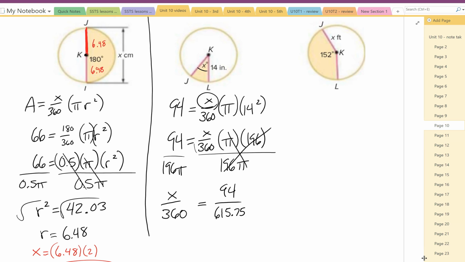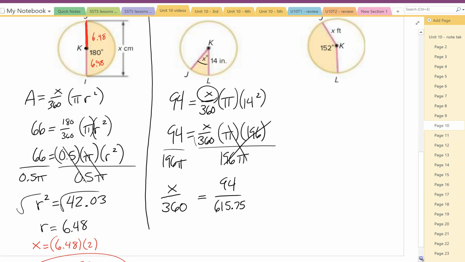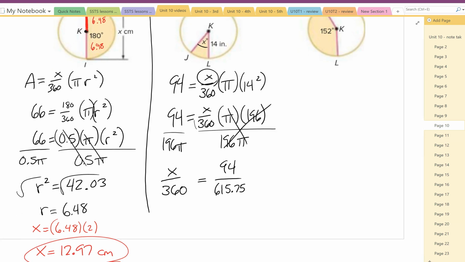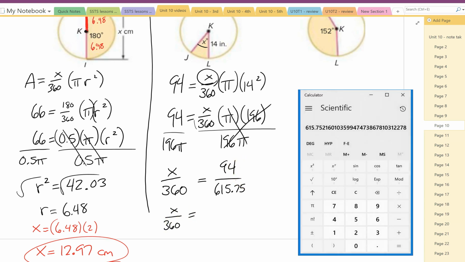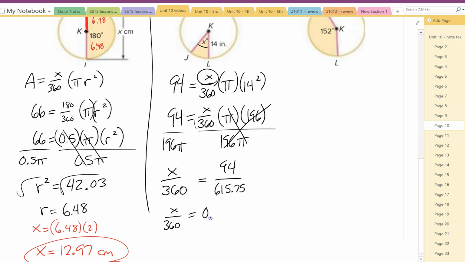All right, so easiest way to do this, well, we'll do it the long way. It'll be easier to show you. So x over 360, still what I have on the left. On the right-hand side, I have 94 divided by 615.75. So 94 divided by 615.75 is 0.15.